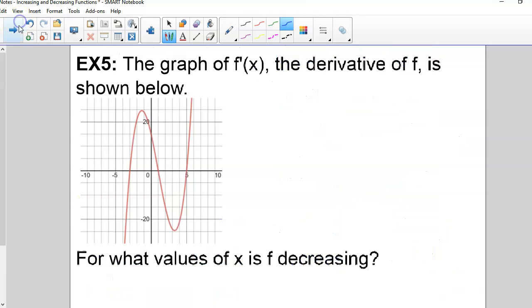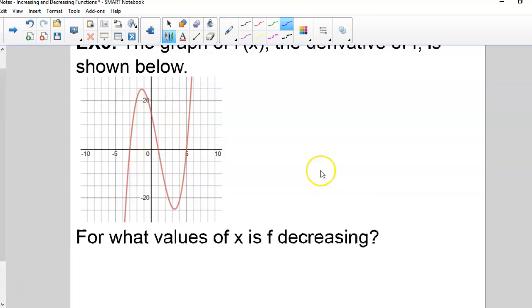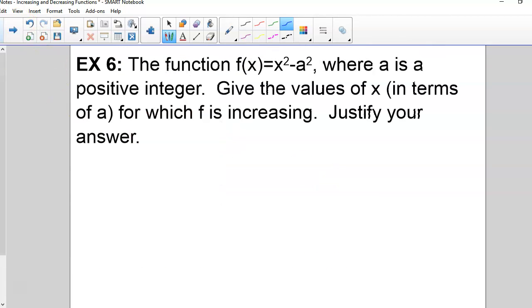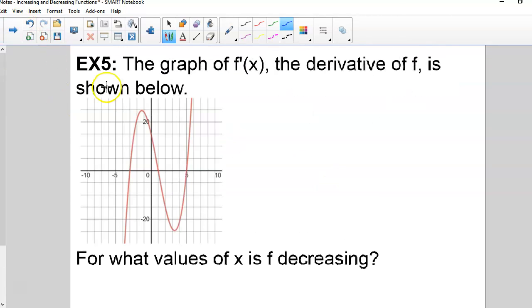We don't have time to do the next couple. Let me just look real quick at 5. We're not going to write everything out, but this is the graph of the derivative. So if we want to know where f is decreasing, what are we looking for on this graph? Negative. Not negative slope, but just negative, below the x-axis.